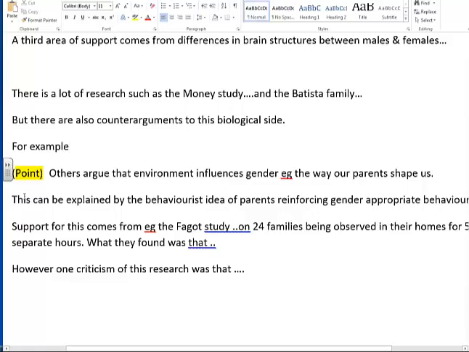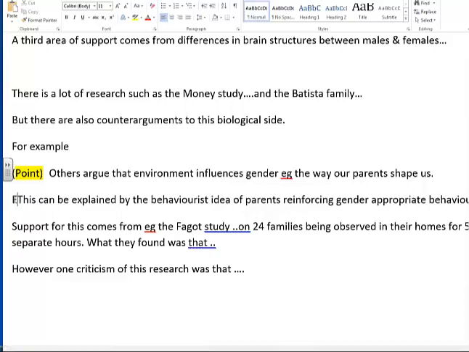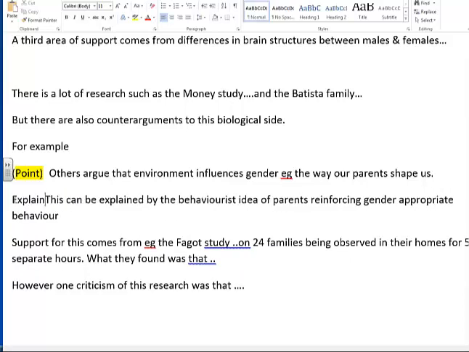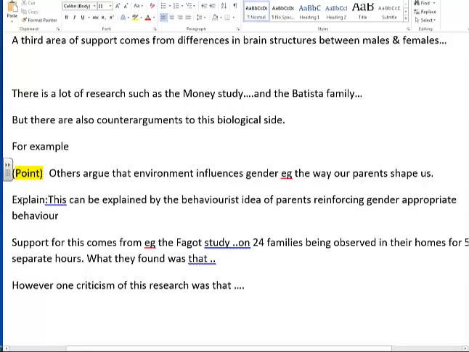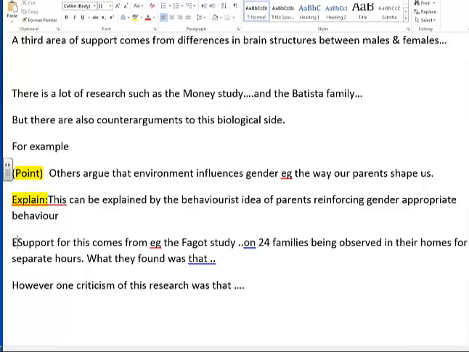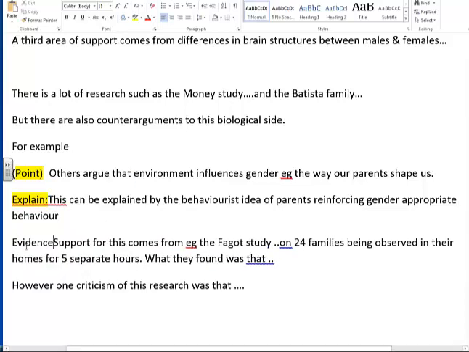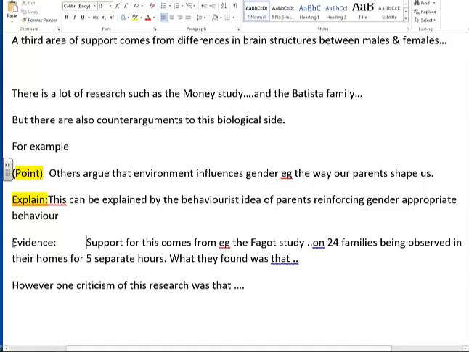What evidence have we got? Okay, there's our explain here. Let's write that in. So if you want just to remind yourself to explain, we put in our evidence. Evidence for it comes from studies like Fagot, 24 families.